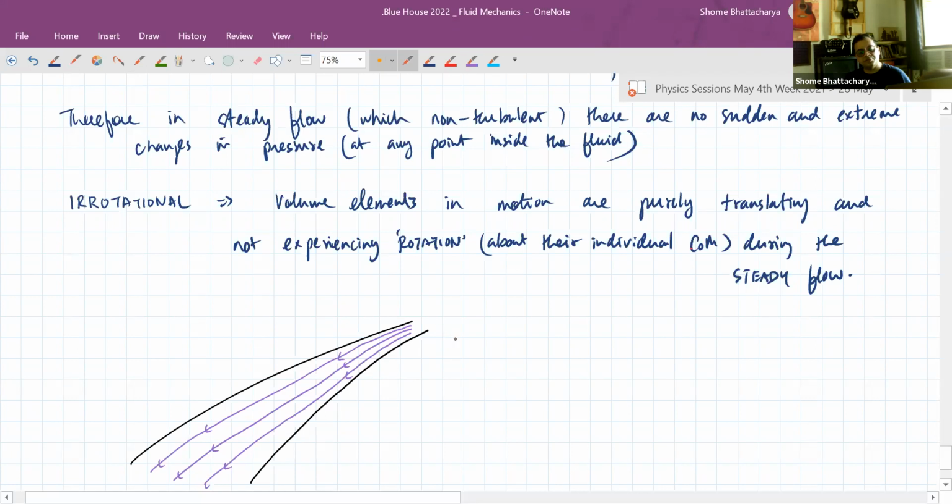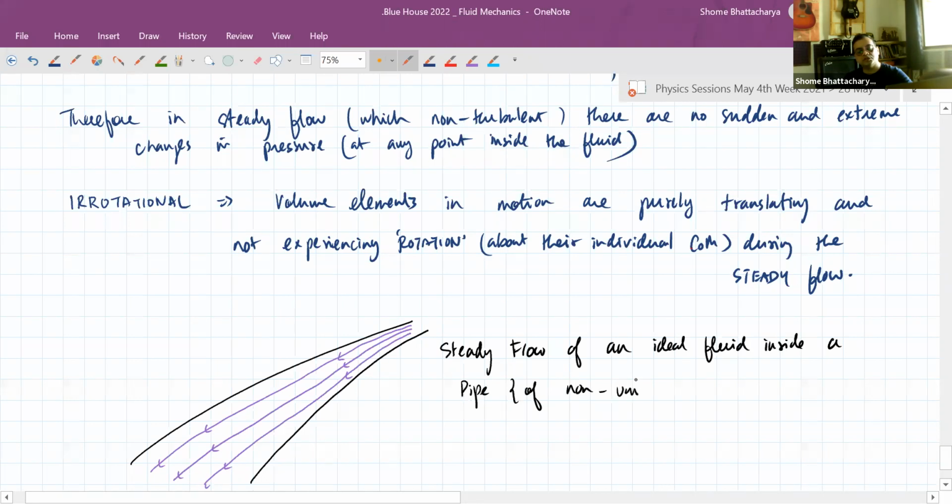So this is a visual representation of steady flow of an ideal fluid inside a pipe, in this case of non-uniform cross section.